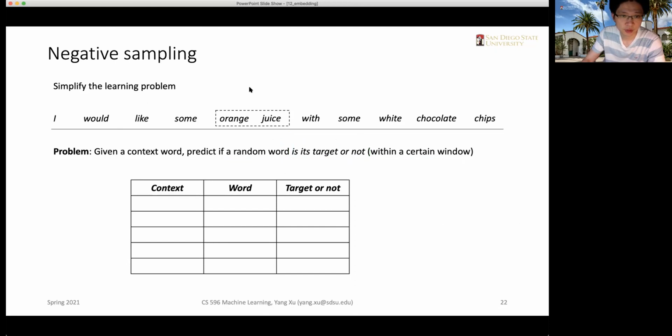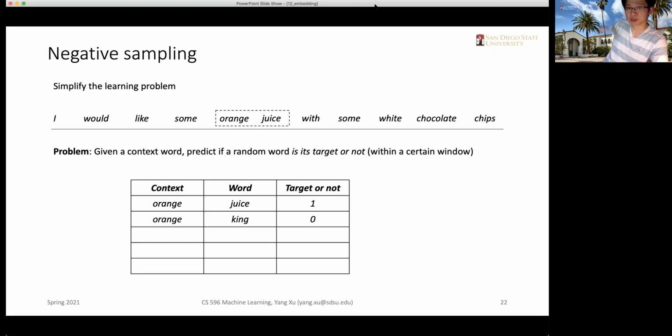For example, the orange and juice, right? We'll use the same example here. We'll use orange as our context. Then if we select juice as the random word, of course the label should be 1, right? It is within the window. But if we randomly select some other word within the whole vocabulary, say king, then king doesn't appear in this sentence.